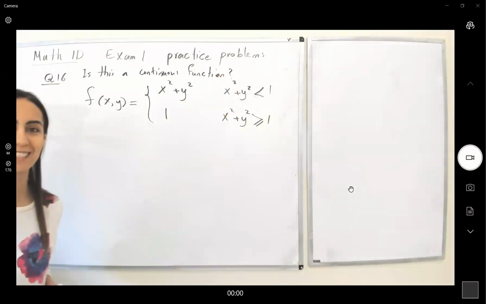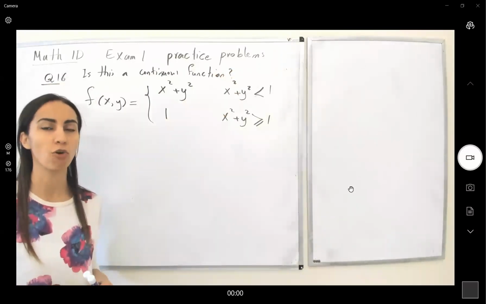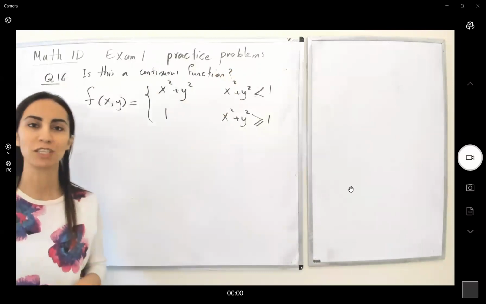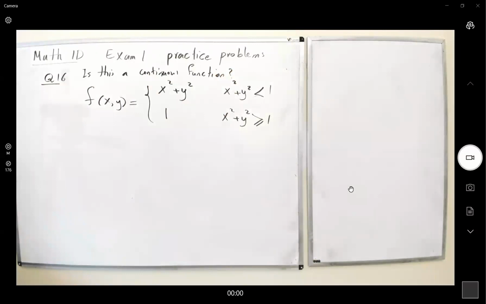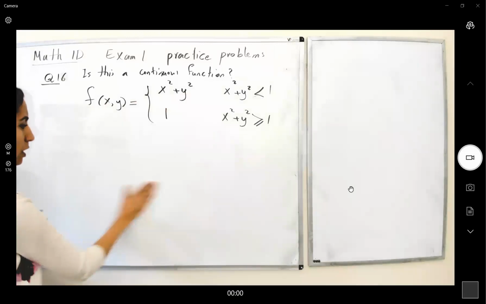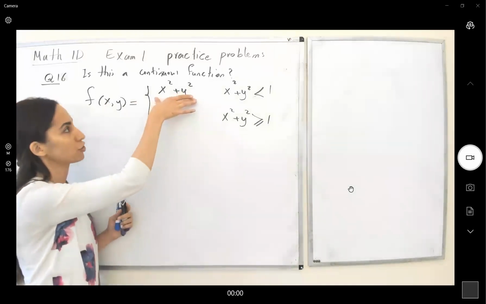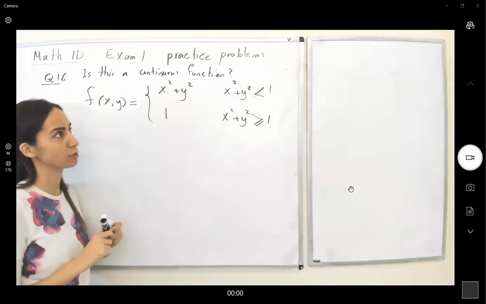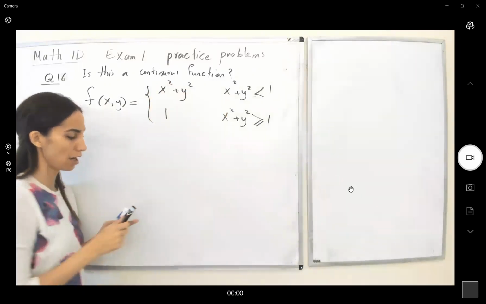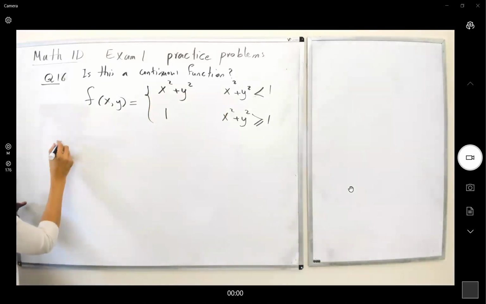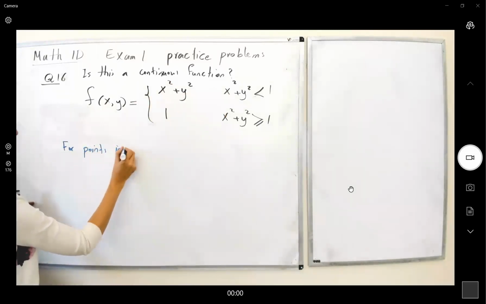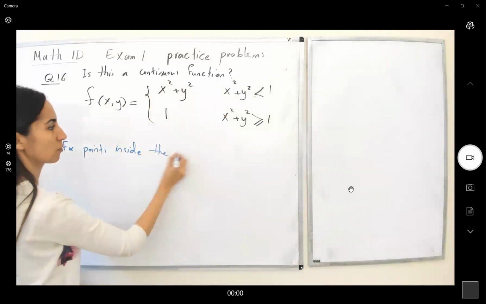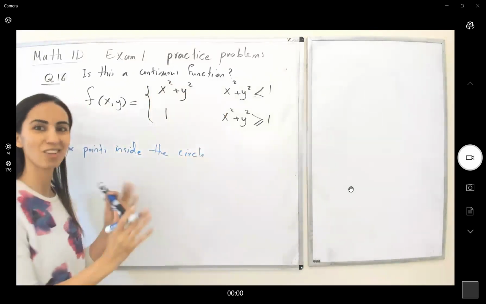Well, we have to check all conditions for a function to be continuous. Very well. So let us take a look at your function. Take a look at the first definition of the function. You have x squared plus y squared. You might say that, hey, I have x squared plus y squared less than 1 for points inside the circle, or inside the disk.